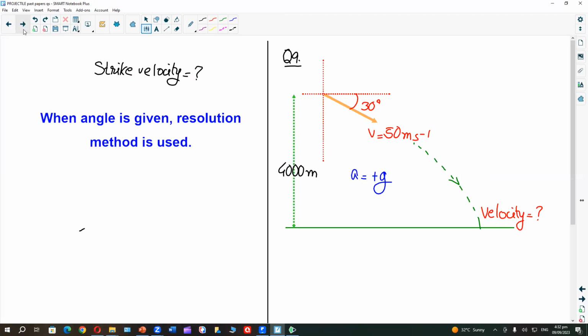It is a projectile. So now copy this screen and you have to solve it.